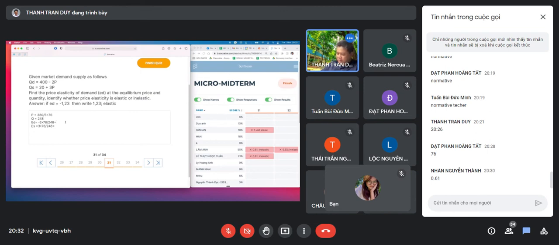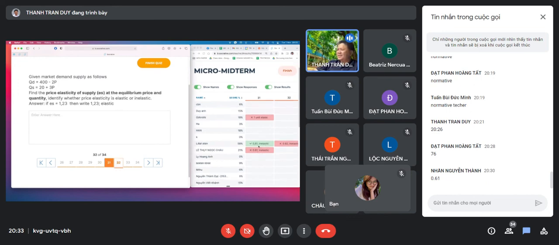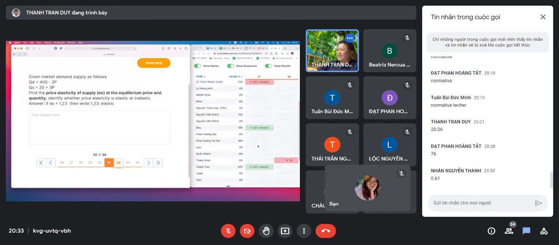Now we take 76 multiplied by 2 divided by 248, equal to 0. So the answer will be nine. Right, Laman got the correct answer, right?